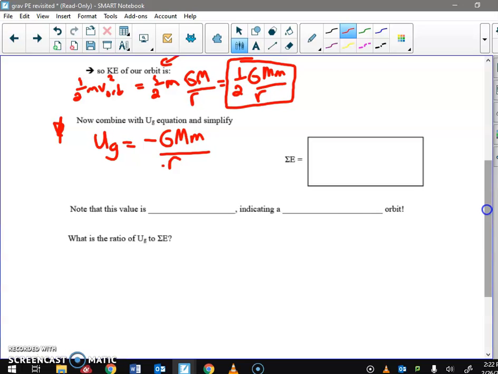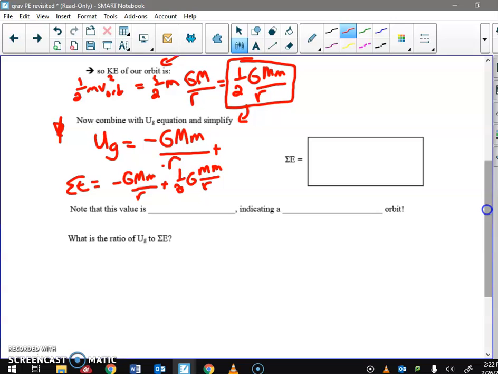The sum of the energy, total energy, is negative G mM over r plus what we got from there, and that's 1/2 G mM over r. I should make my m's different, but I think you get the idea.